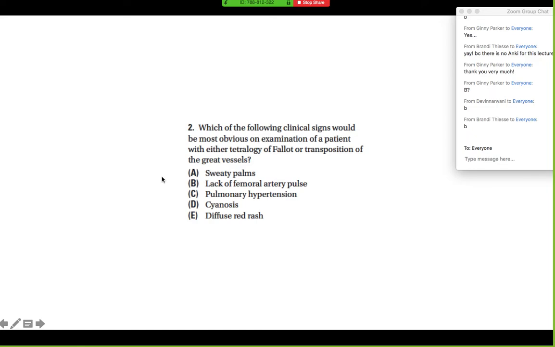Okay, which of the following clinical signs would be most obvious on examination of a patient with either tetralogy of Fallot or transposition of the great vessels? Yeah, defect, malformation, same thing.